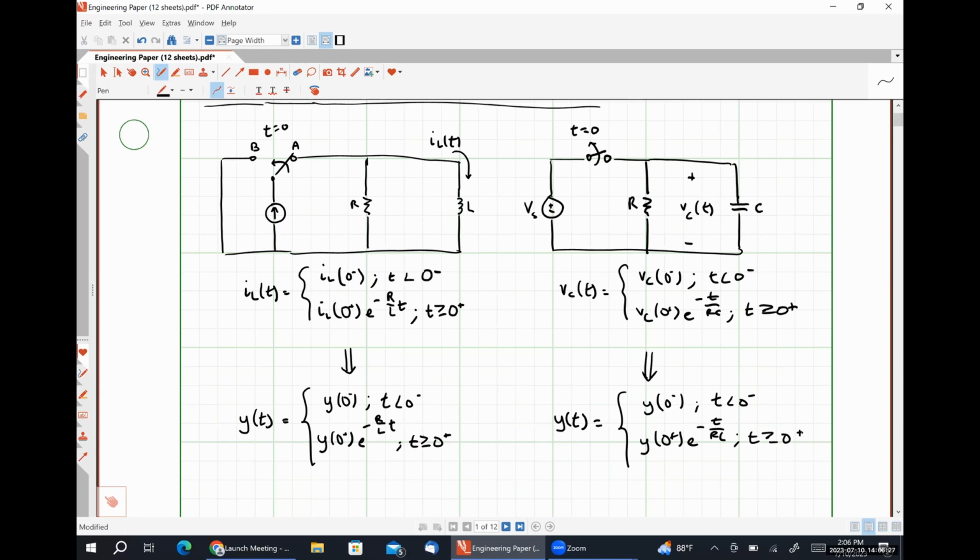So we surmised that RL circuits and RC circuits behave in effectively the exact same way. The only real difference is this bit here that's being multiplied by our variable t. Other than that, the behavior is exactly the same.